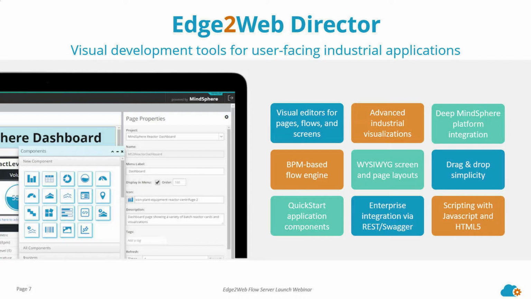You use Director to create those styles of applications that really instruct human users about what's going on and how to react to certain conditions. And you can read the different elements on this slide, but basically, if you're using Director, you have access to lots of different tools that make it super easy for you to build interactive web-based applications.